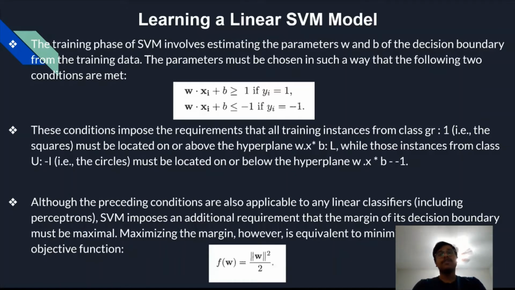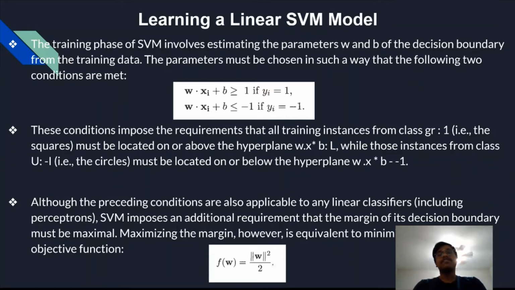These conditions impose the requirements that all training instances from the class 1 and minus 1, that is the squares and the circles, the squares should be located above the hyperplane or on the hyperplane, while the instances from the minus 1 class, that is the circles, must be located on or below the hyperplane. Along with these conditions, SVM also imposes an additional requirement for the margin of its decision boundary, so that it should be maximal.